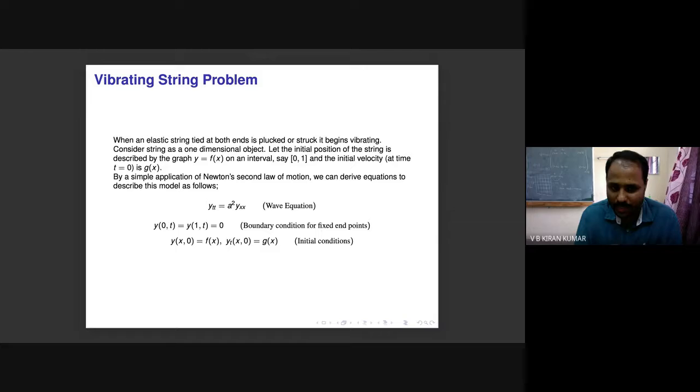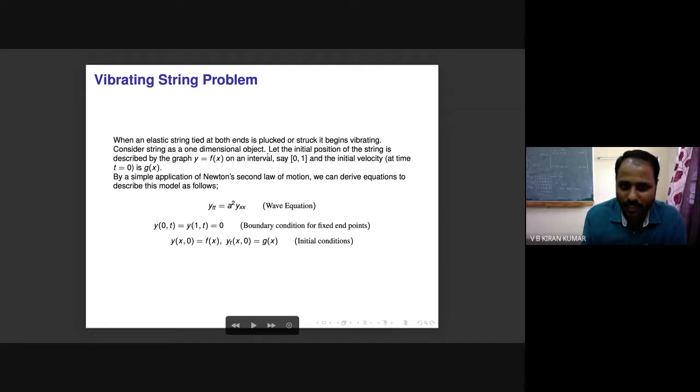That means at some point of time, say t, we should know the position. That means we need to know the function describing the vibration of the string at the time t and at the position, say x.